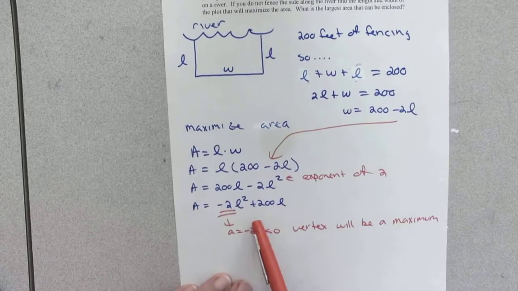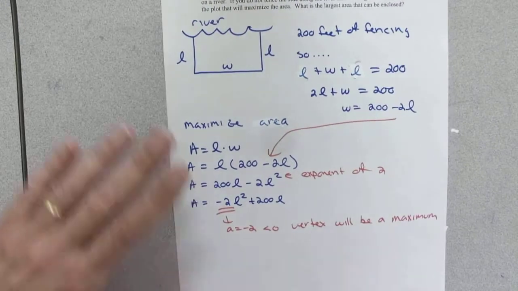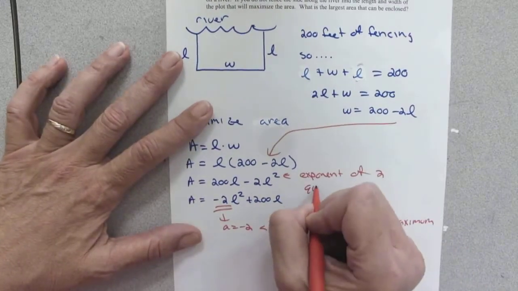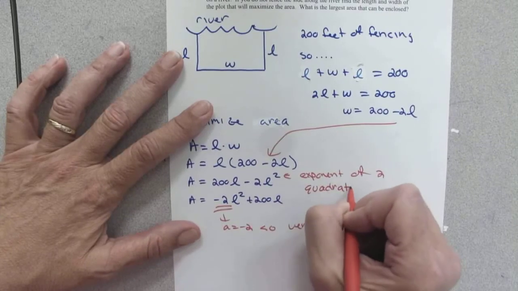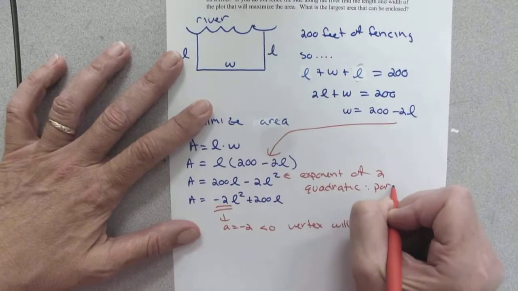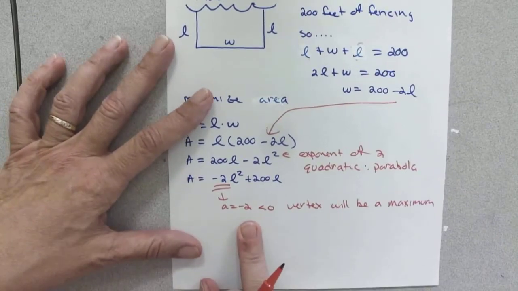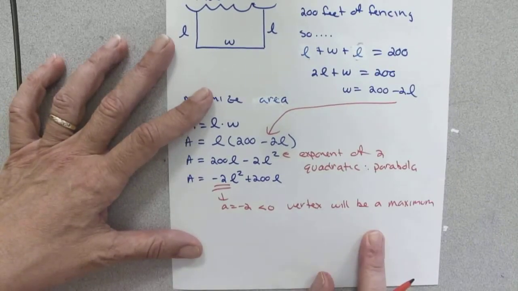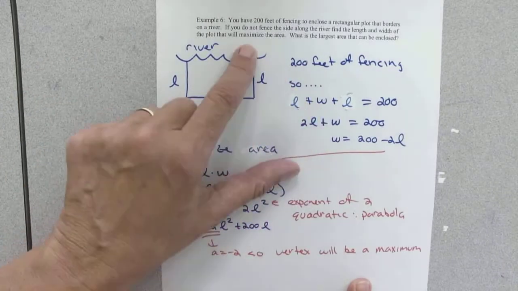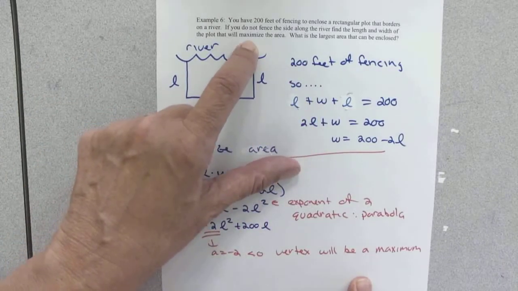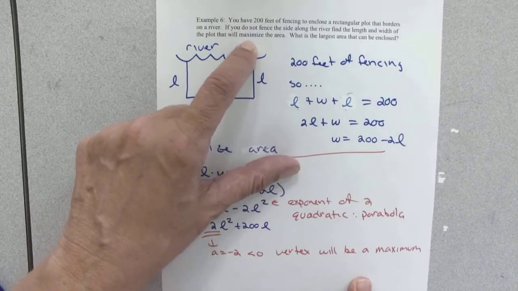Then it turns out that this formula is a quadratic, exponent of 2, a parabola. Then that a value was -2, so my vertex will be a maximum, and that's what it said. Find the maximum.